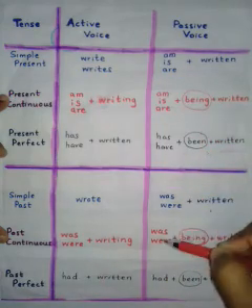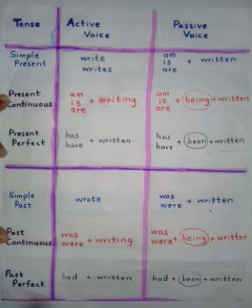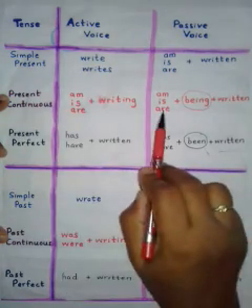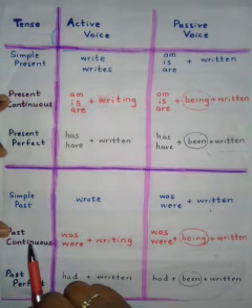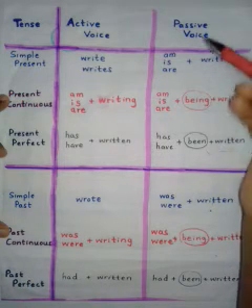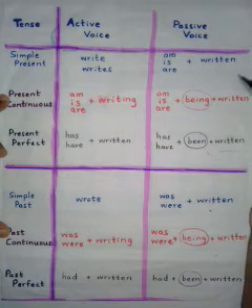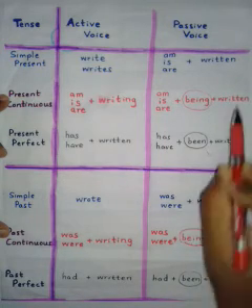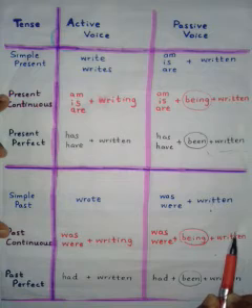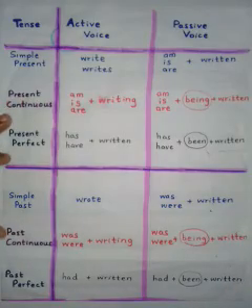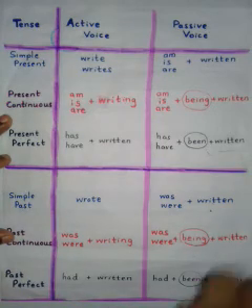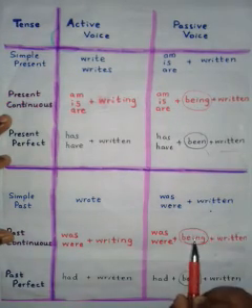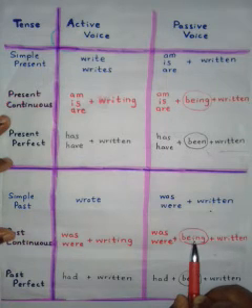These helping verbs show the time. Because we are forming the passive voice verb, we must add the past participle of the main verb. After that, to show the continuous aspect, we need an ing form, so as a helping verb we add being.